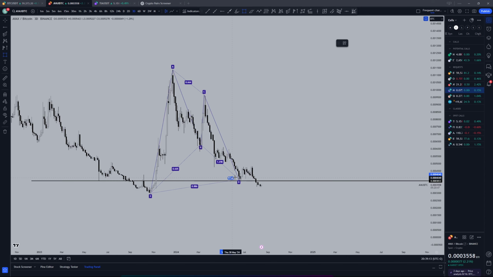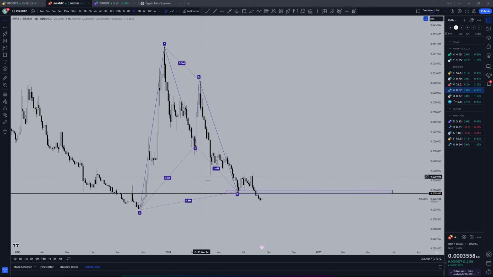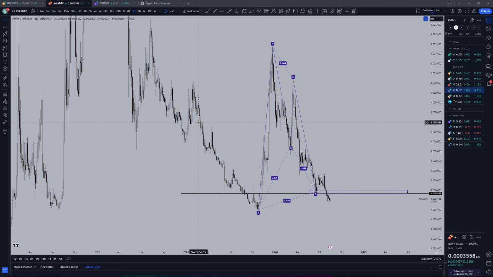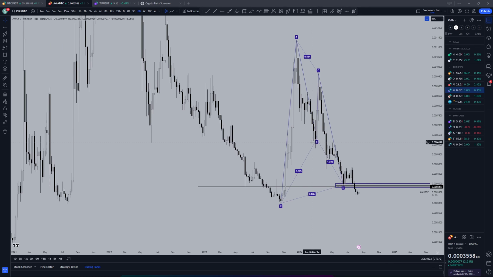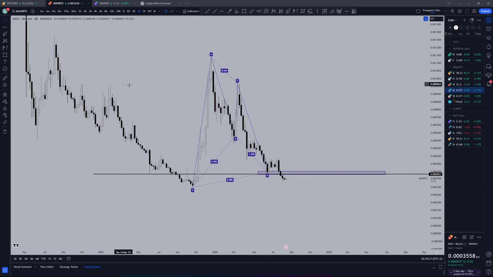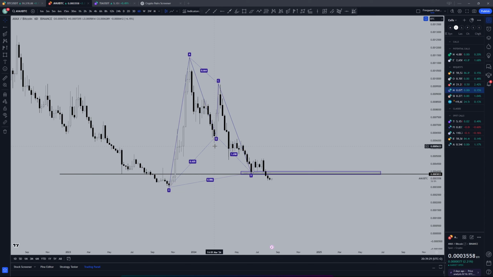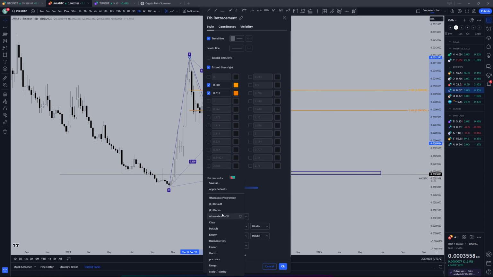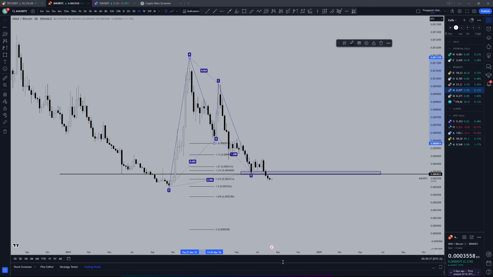So for AVAX, I think the high time frame still looks great. For a low time frame, I think it looks good as well, because you are still putting in decent price action, right? This looks good, and we are probably still playing this wave. If I were to draw these fibs even, I think you are just taking a slightly lower progression wave, but I think it's going to be the same thing. Yeah, you're just playing the same wave here.